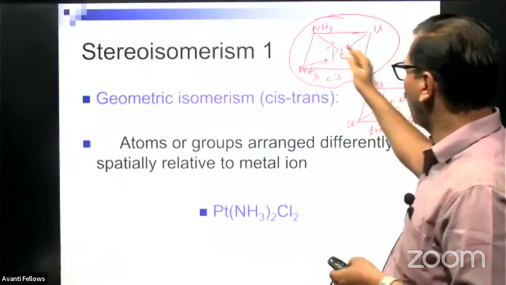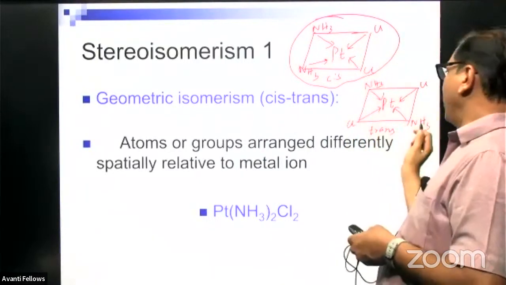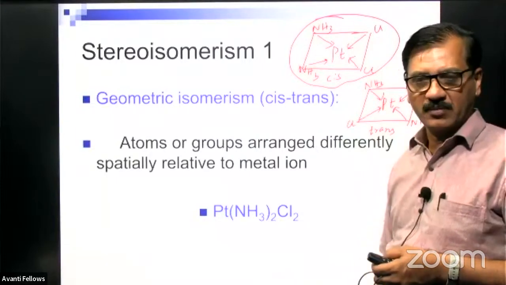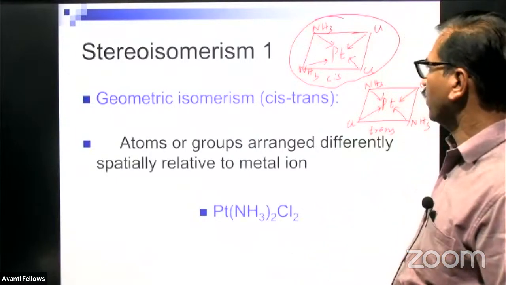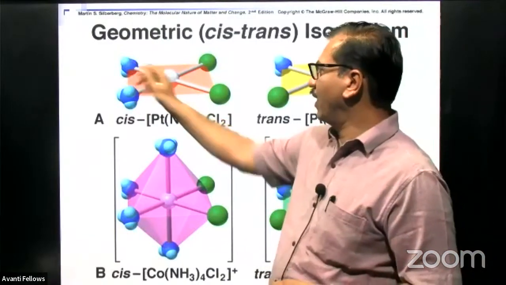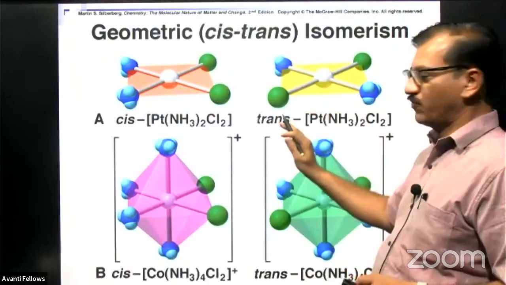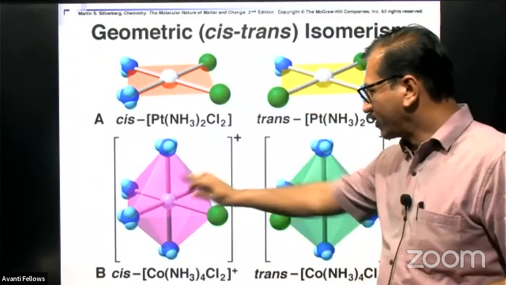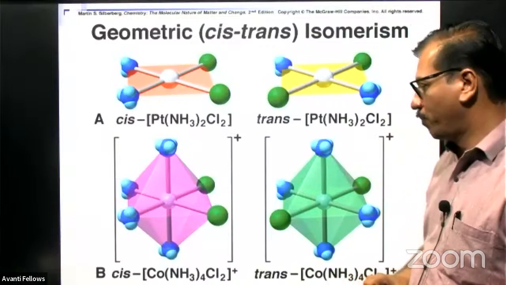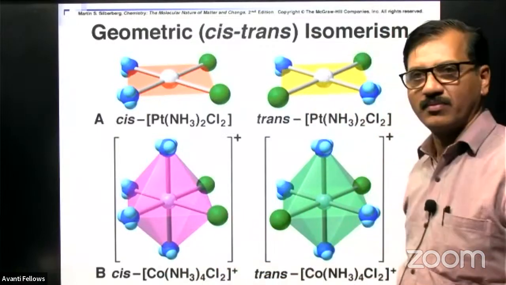But here the bonds are the same, and NH3 is diagonally opposite here; that is the trans form. Now you can see here, Pt(NH3)2Cl2, Cl here, NH3 here. This is the trans form.